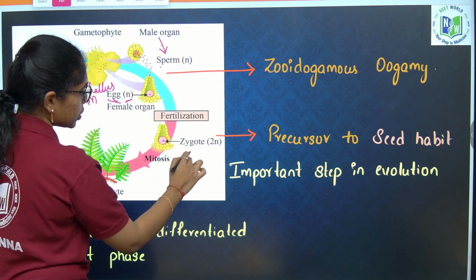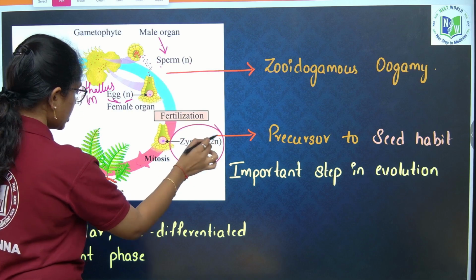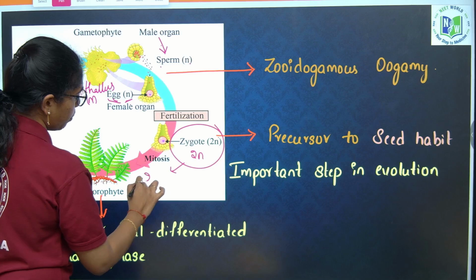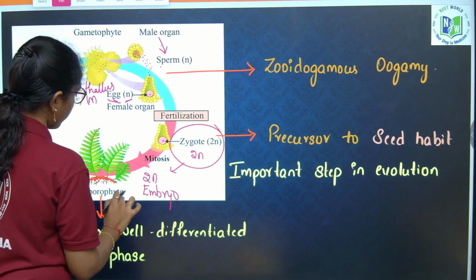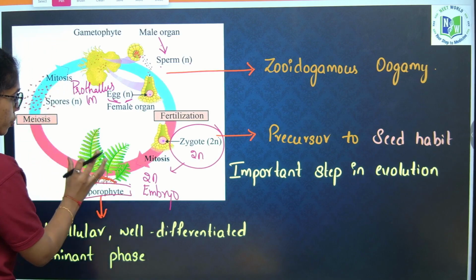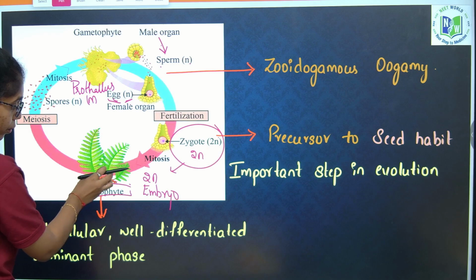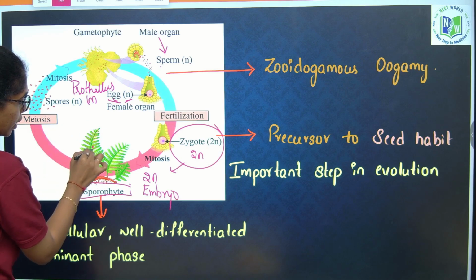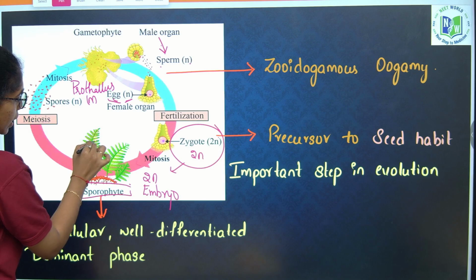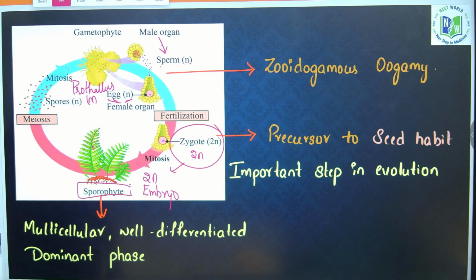Post fertilization, they give a diploid zygote, which turns into a diploid embryo. Diploid embryo develops into a sporophyte, wherein the sporophyte has root, leaf and stem-like structures. Leaf here is bearing, what is it bearing? Spores or sporangia, that is why it is called sporophylls.